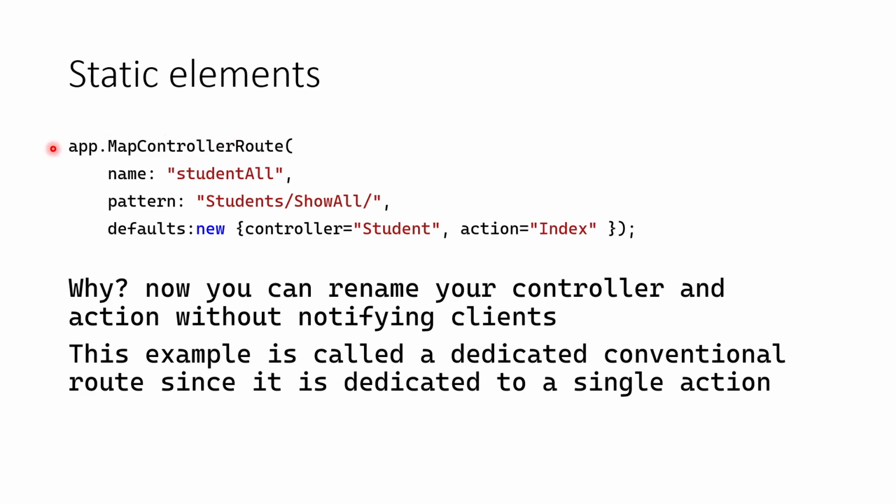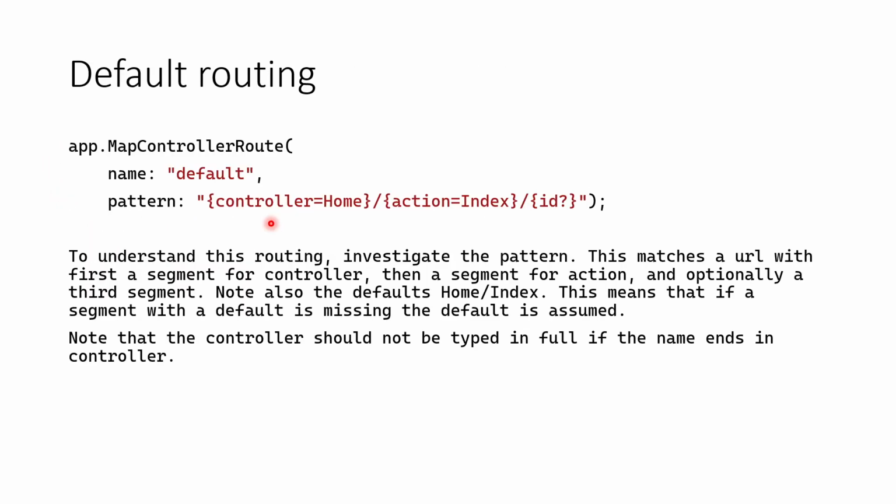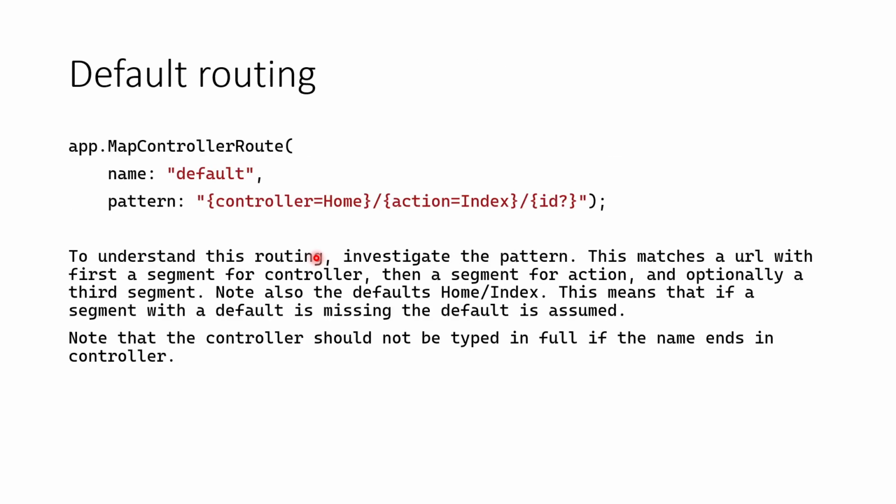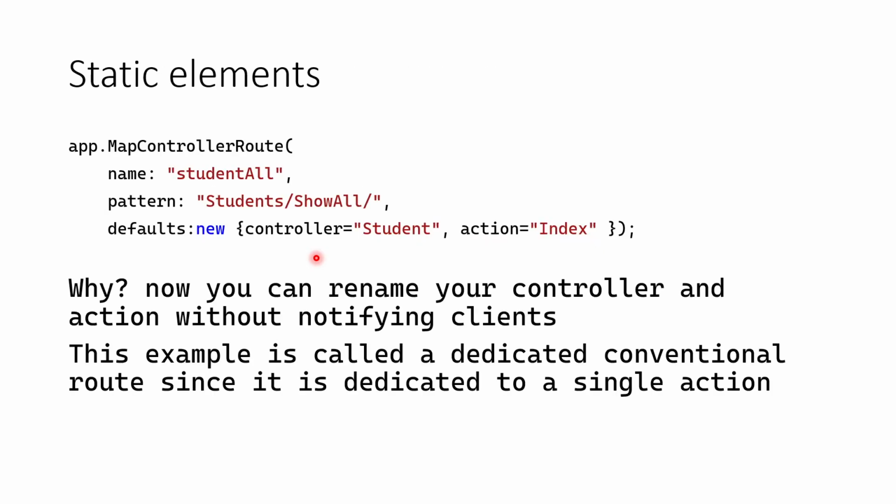So if you were to do this and not use this default or some other more generic route, you'd have to write one of these rules for every action you have. This could be tough. And I guess that's why you have these generic routes instead. Okay.